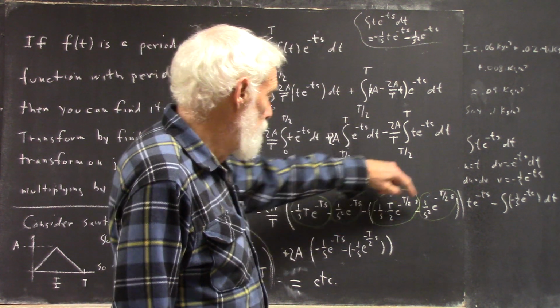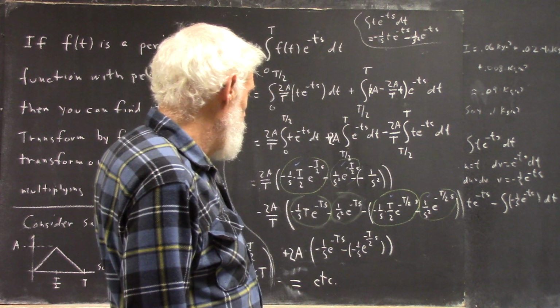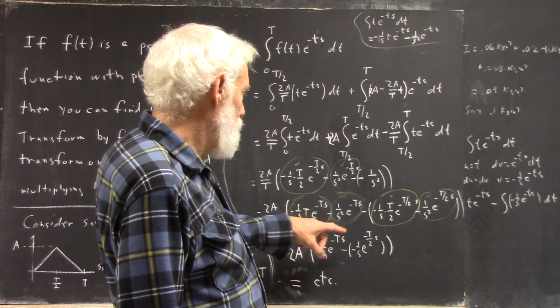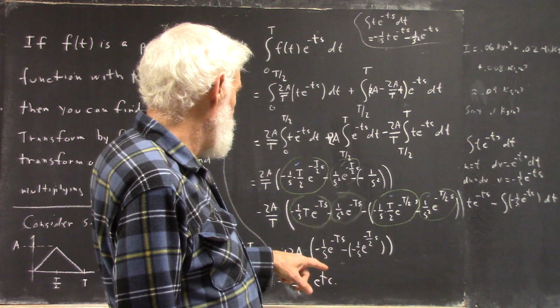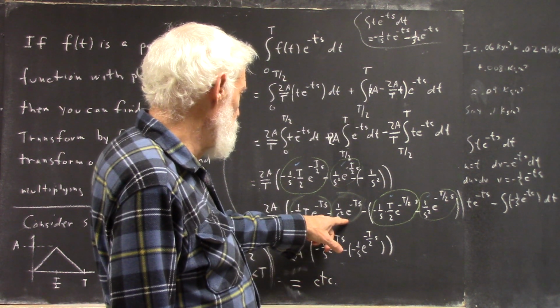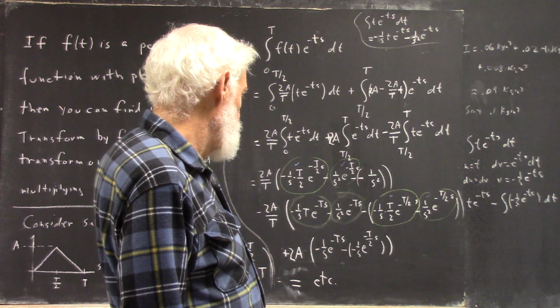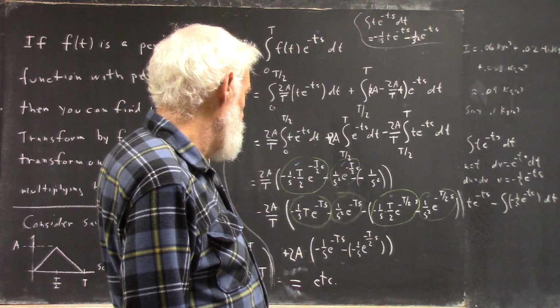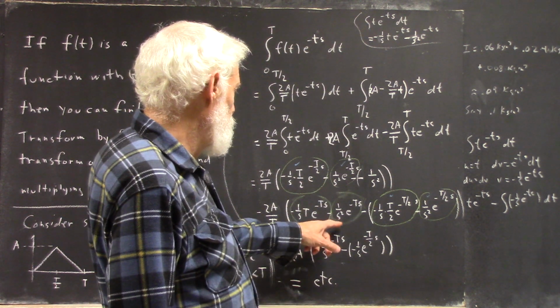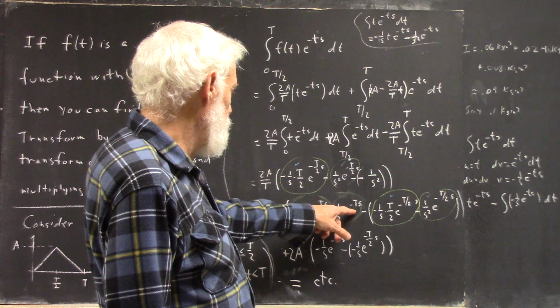You've got one here, and that's the only one you've got with the 1 over s squared and the negative ts.